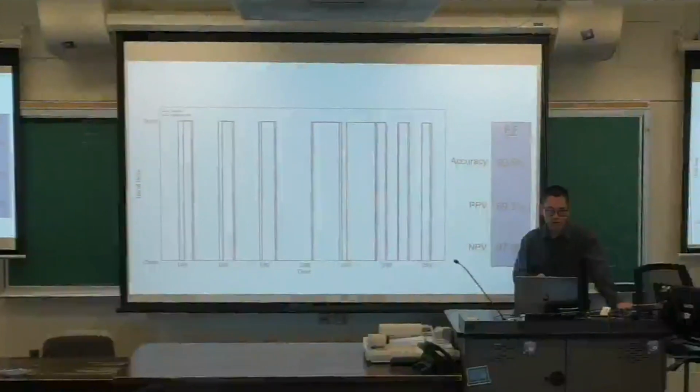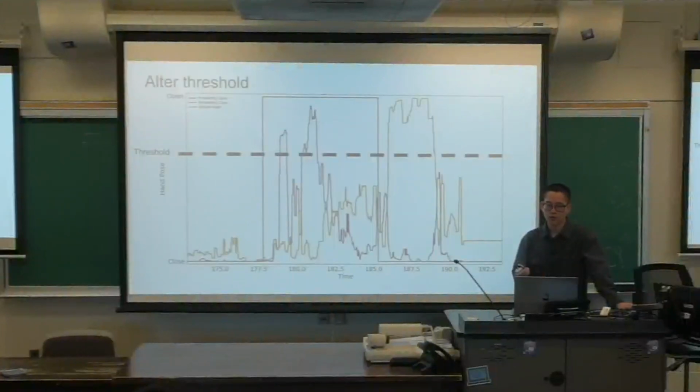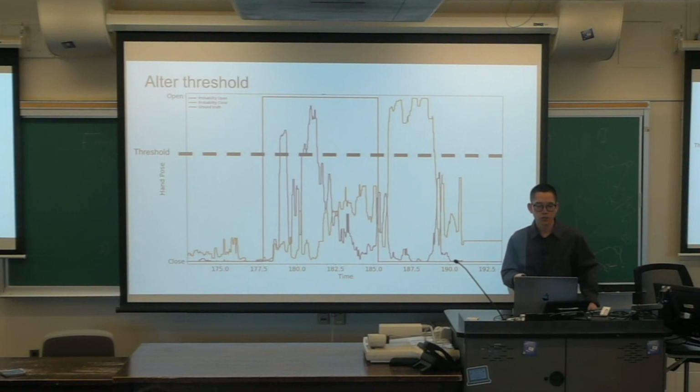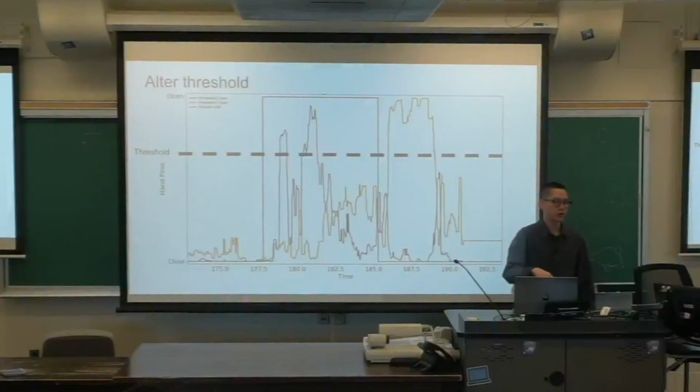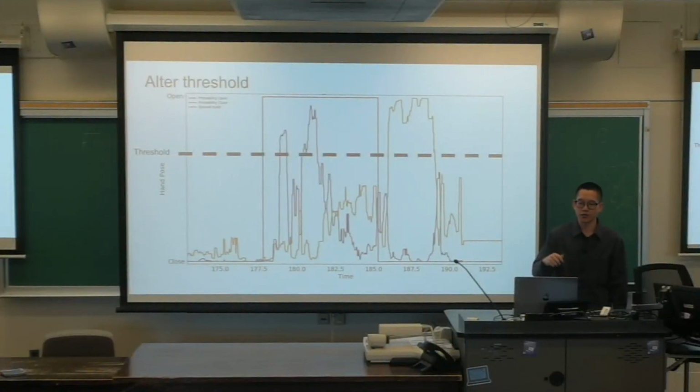Another thing we can do is alter the threshold. We are also using thresholding to smooth out the spikes. So what is thresholding? Thresholding is when you only send a command to the motor if your predicted probability is over a threshold.